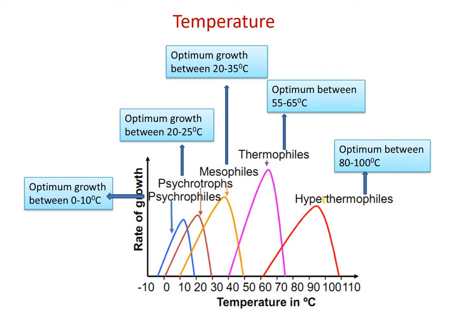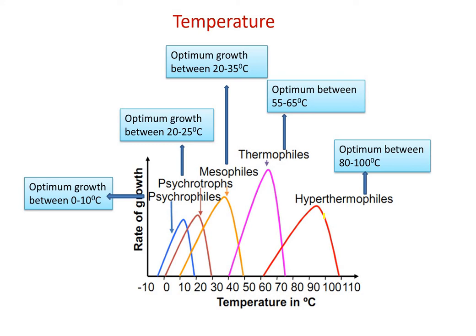Then comes the other class, the hyperthermophiles. Hyperthermo means they are thermophiles but above 65 degrees centigrade. The optimum growth temperature range is between 80 and 100 degrees centigrade, and we can see they grow optimally around 95 degrees centigrade.